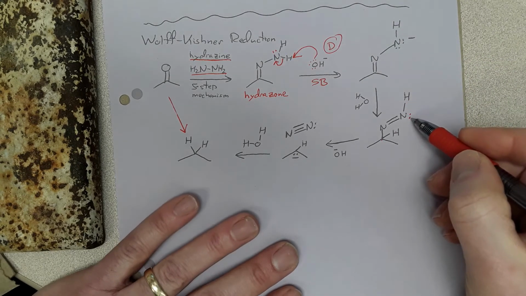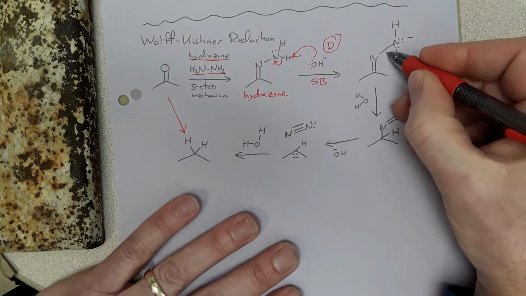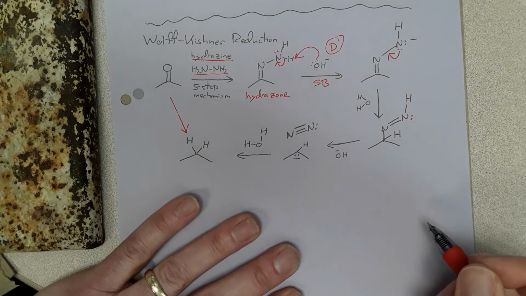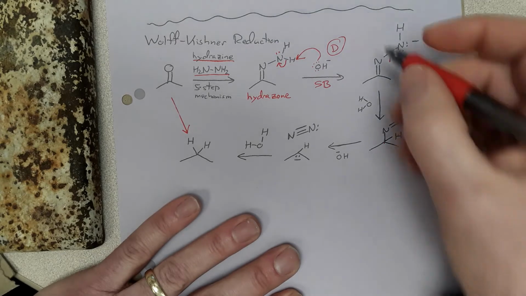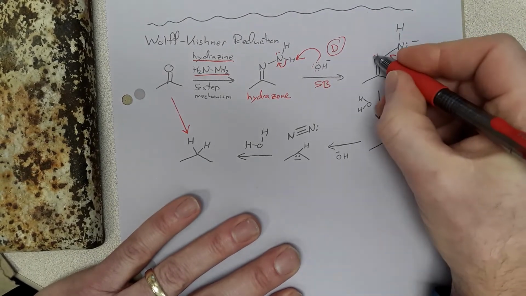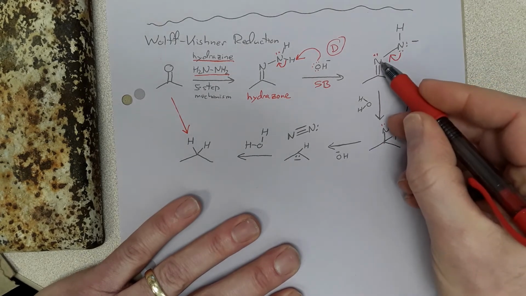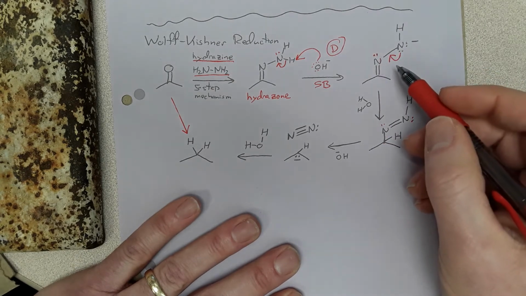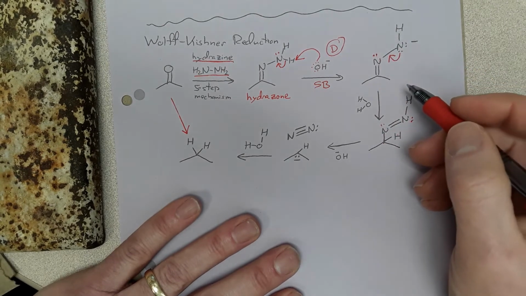And so one of those lone pairs has disappeared, and so it seems logical that the new pi bond that is formed here came from that lone pair. So if you draw a curved arrow there, that kind of makes sense. And then we have a lone pair on nitrogen, and if we just dump that in there, we have 4 bonds to nitrogen plus a lone pair, which would be 10 electrons around nitrogen, which is not possible.